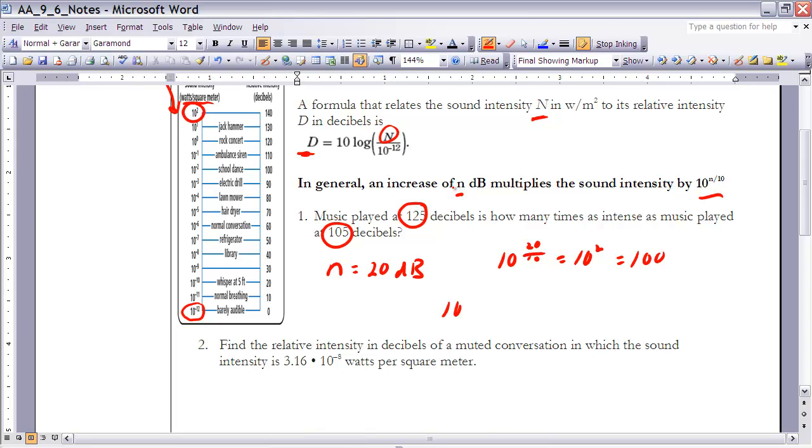Therefore, it's 100 times as intense as the lower level music. So it's 100 times louder at 125 decibels than it is at 105 decibels.